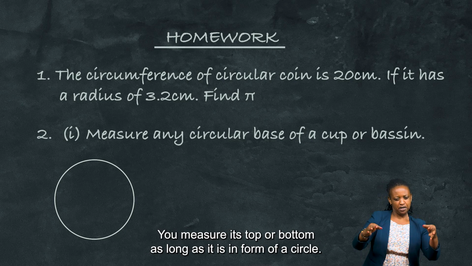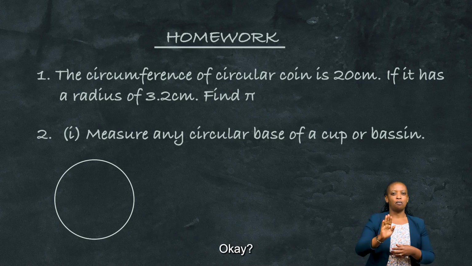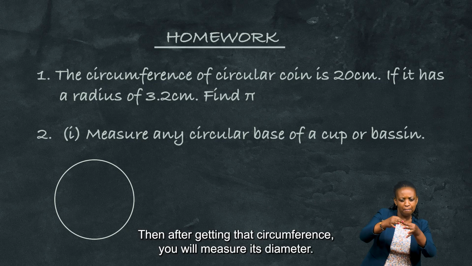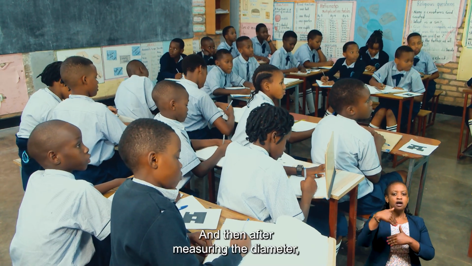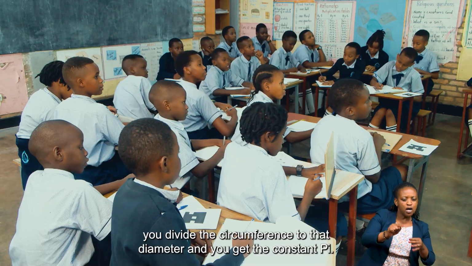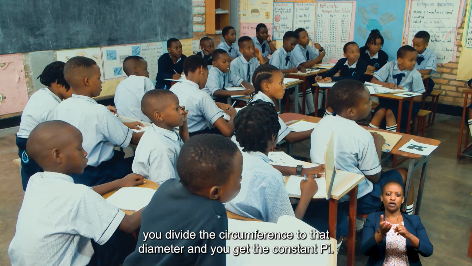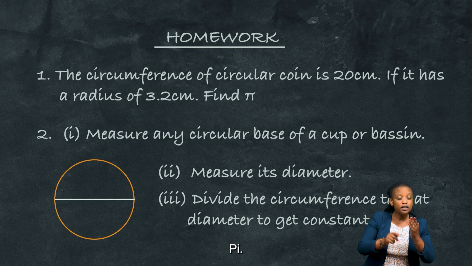You measure its top or bottom, as long as it is in the form of a circle. Then after getting that circumference, you measure its diameter. And then you divide the circumference by that diameter, and you get the constant pi.